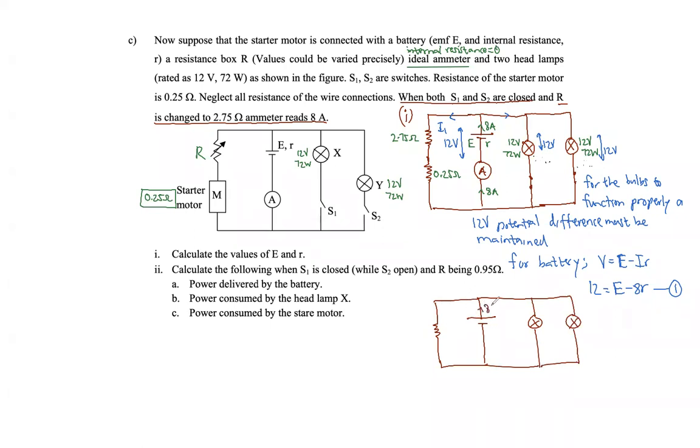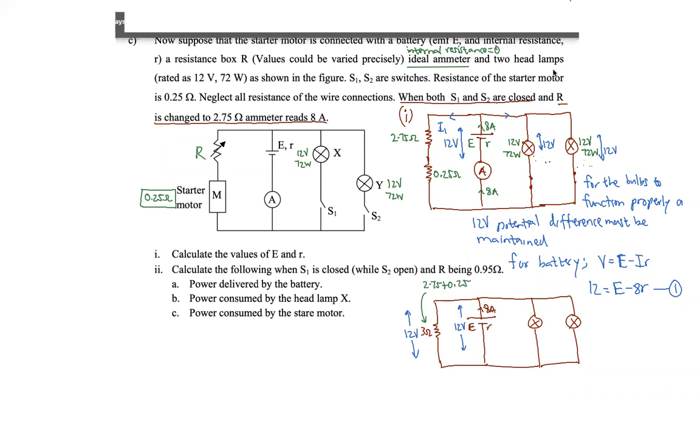Now 8 ampere current is flowing, but E and R are unknown. No problem. We know that the potential difference across this should be 12 volt, then only the bulb will function properly. Then same 12 volt must be across this 3 ohm. How did I get 3 ohm? 2.75 and 0.25, they both are in series, so I can put it as 3 ohm.